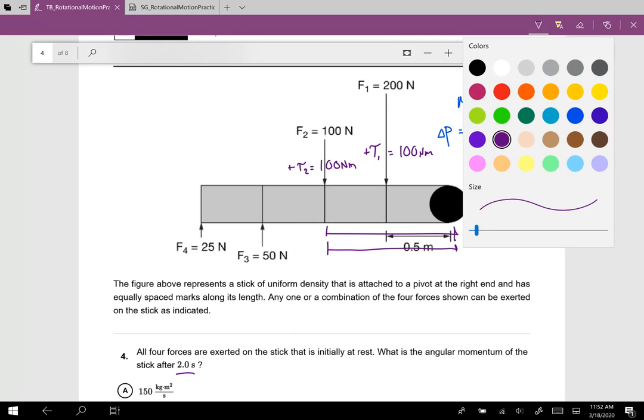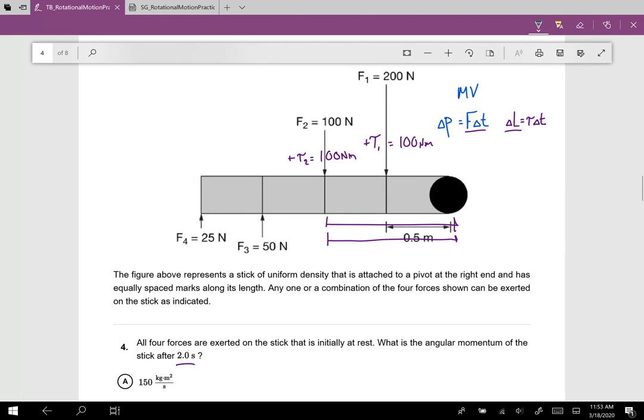All right, and then now we're looking at torques that are making us go clockwise. So these are going to be negative torques. And we have, this is 0.75 away, or sorry, 1.5 meters away, and then 50 newtons. So 50 times 1.5 is 75. So we have negative 75 newton meters.